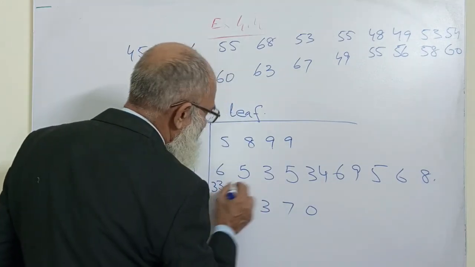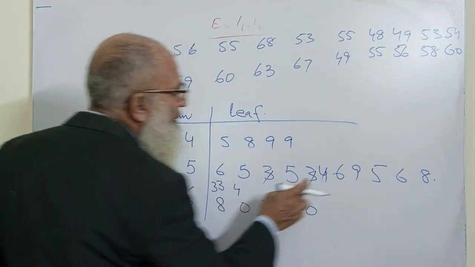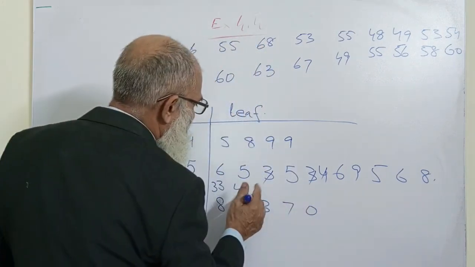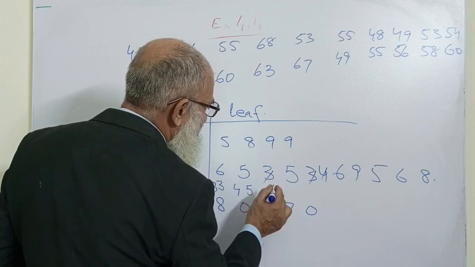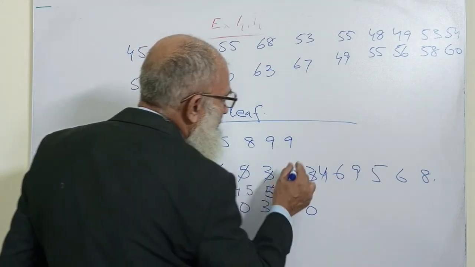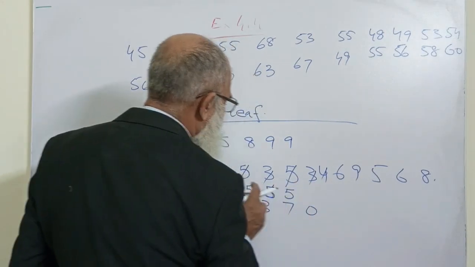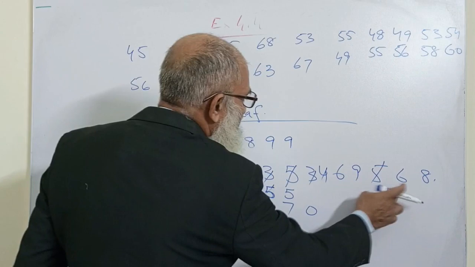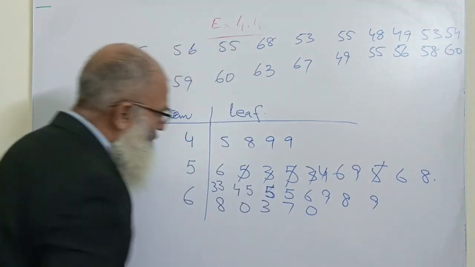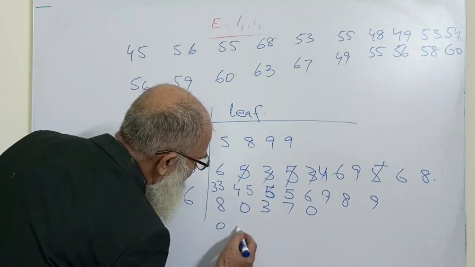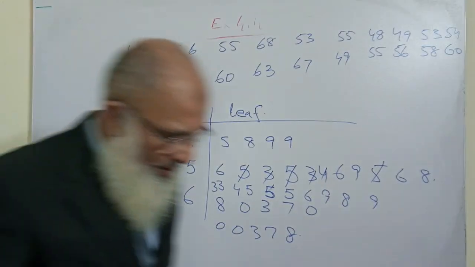There are 2 3s, 1 4, three 5s, two 6s, one 8, and one 9. Or you can arrange it like this: two 0s, 3, 7, 8. This is up to you.